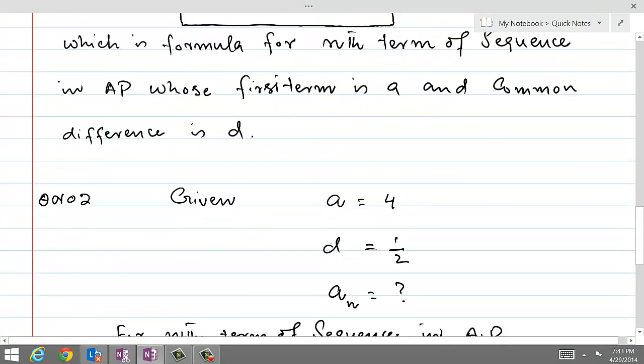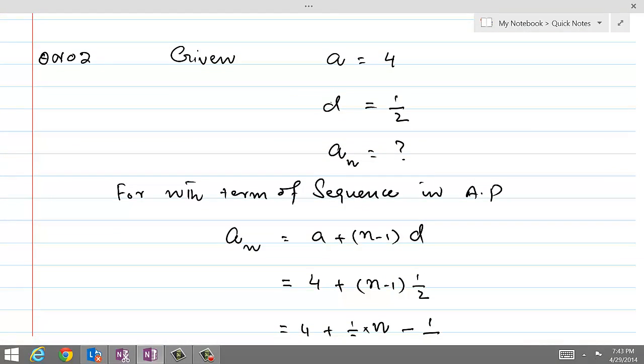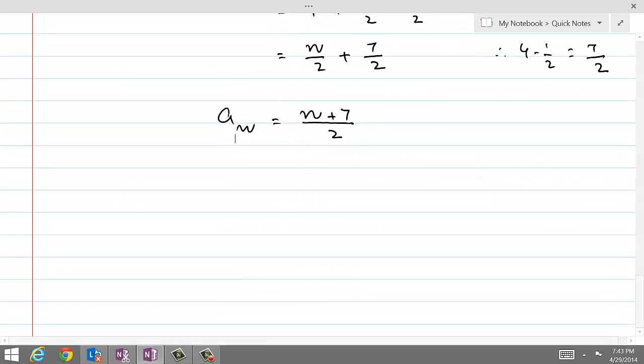So here the fifth term is given, it is 13. So question number 13, 3. If 5 is given, A5 is equal to 13.